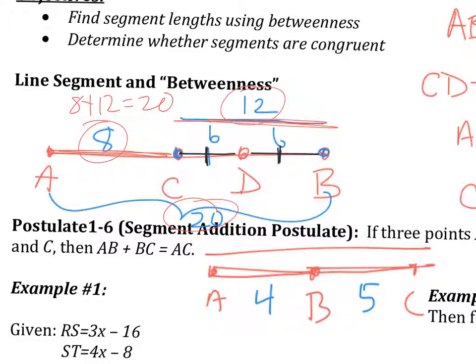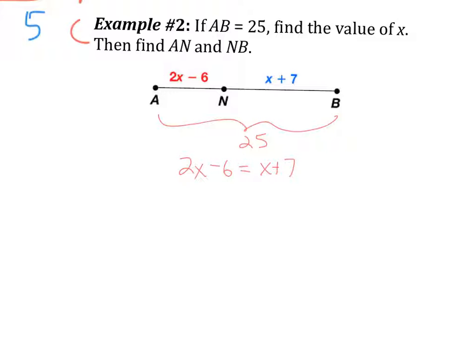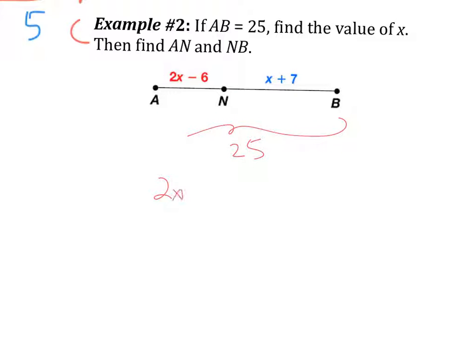So can't we use that concept down here and say, instead of them being equal to each other, if all of this is 25, can I do 2x minus 6 plus x plus 7? The sum of the two segments equals 25. Does that make sense? Yeah.